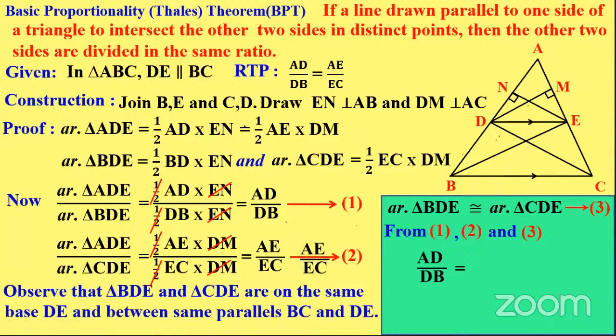AD by DB is equal to AE by EC, because ADE triangle divided by BDE and ADE triangle divided by CDE are equal in value. AD by DB is equal to AE by EC. Hence the theorem is proved.